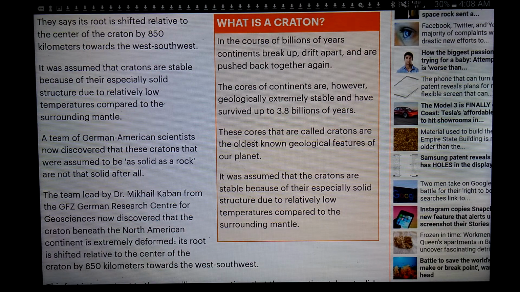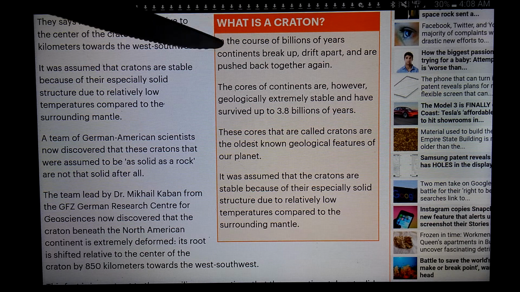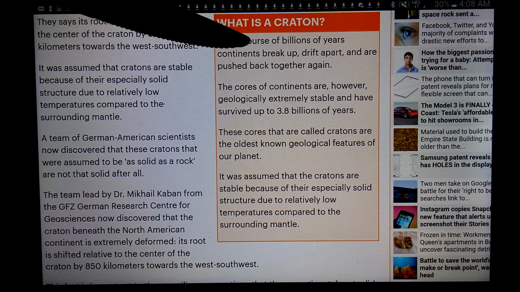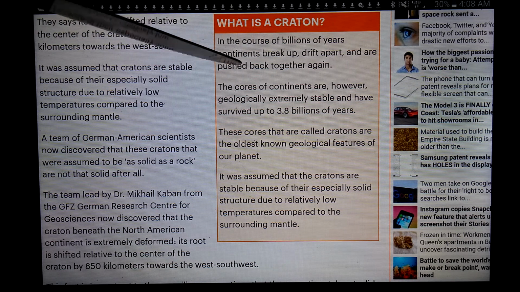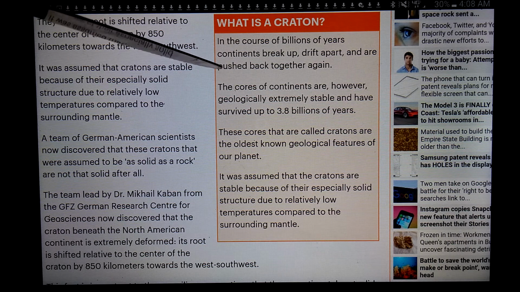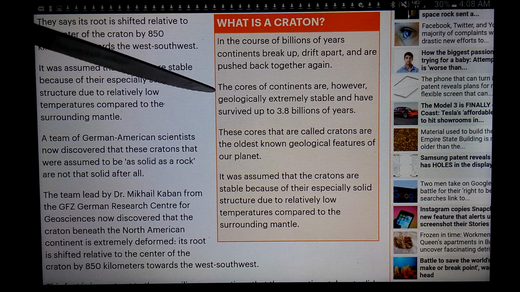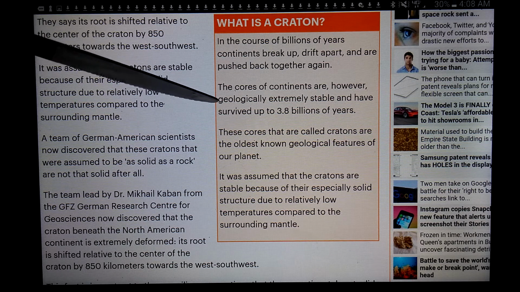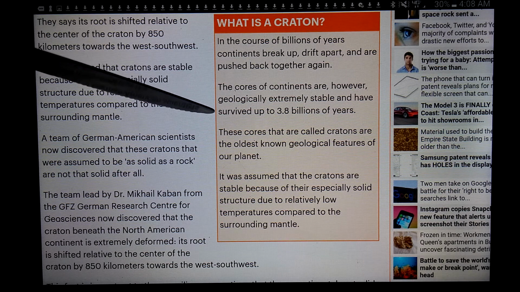As I say, get onto the craton. What is a craton? I'm just going to read this real quick, if my voice lasts. In the course of billions of years, continents break up, drift apart, and are pushed back together again. Now, the continents drift apart, when in the days of Peleg, when they drifted apart and slammed into the Rockies and the Appalachians. The cores of continents are, however, geologically extremely stable and have survived up to 3.8 billion years.